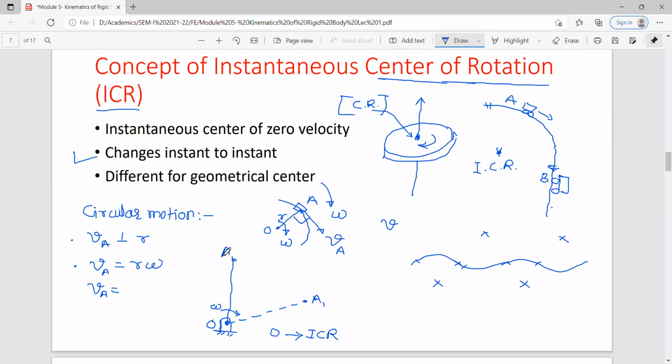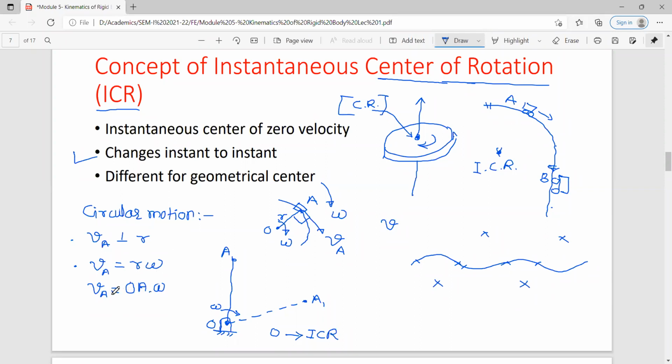The radius of point A is the distance between point A and the center of rotation. That is OA. So velocity of point A is equal to radius OA multiplied by angular velocity omega of the link.